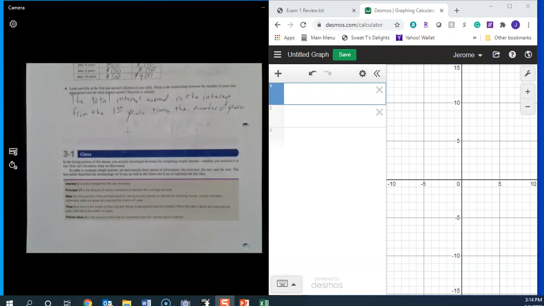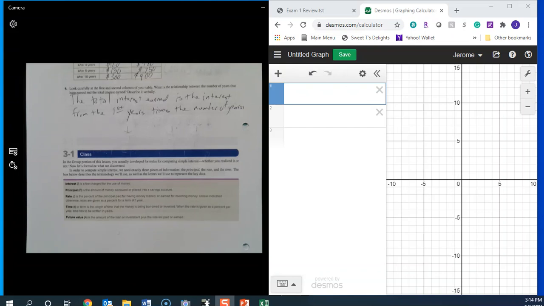Now we come down here to the bottom. We have some definitions. It says in order to compute simple interest, we need exactly 3 pieces of information: the principal, the rate, and the time. The box below describes the terminology we'll use, as well as the letters we'll use to represent the key data.